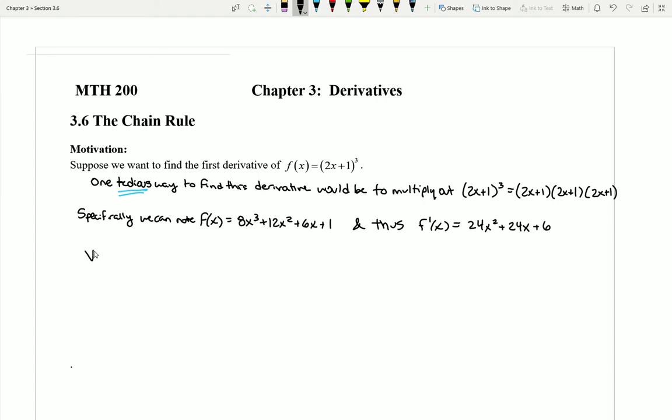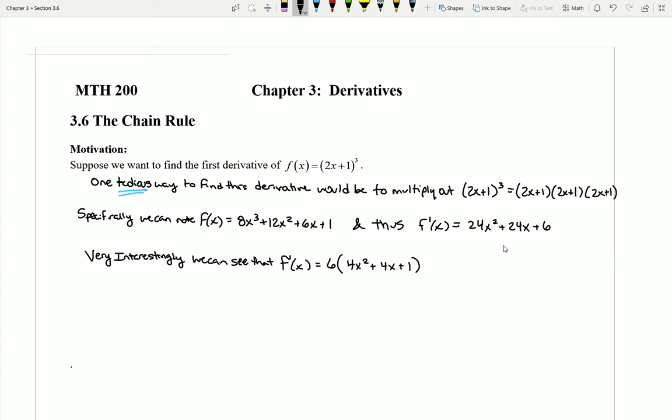So as I'll state down here, very interestingly, we can see that f prime of x could be slightly rewritten. If you look at all the terms here, you might notice that there's definitely a 6 in common between all of those. And so I could rewrite this as 6 times the quantity of 4x squared plus 4x plus 1.